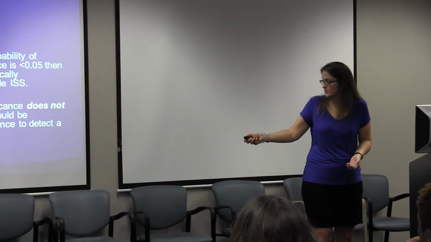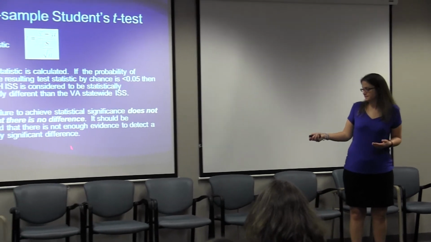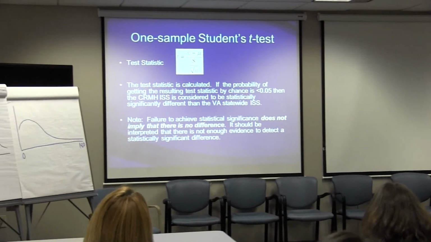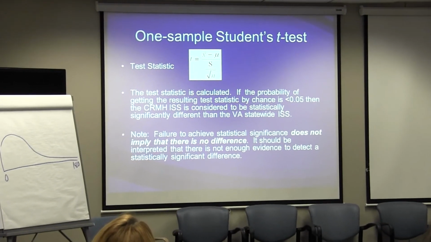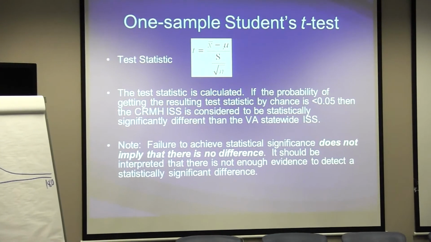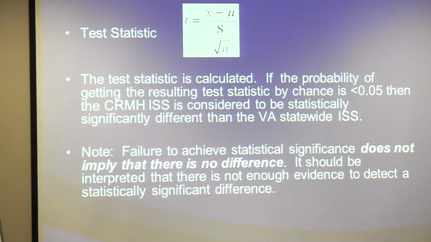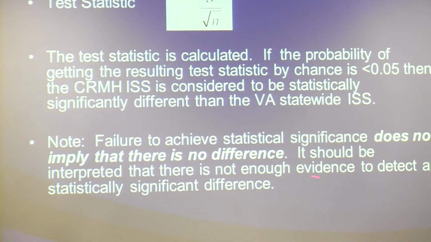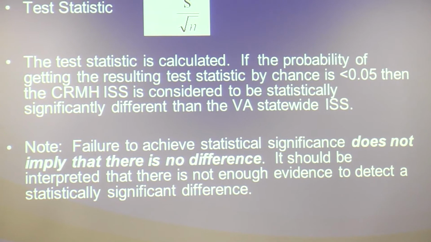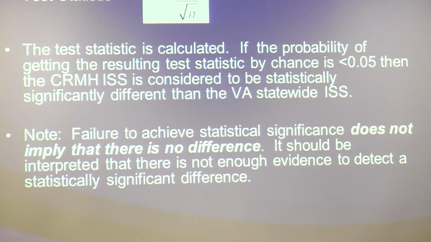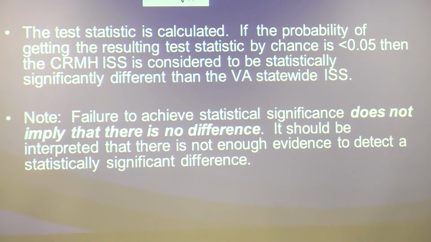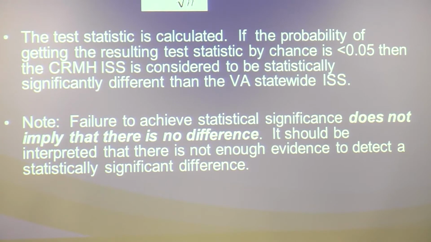And this is an important note here: if you don't find a statistically significant difference when you expected to find one, that doesn't mean that there's not a difference. It means that you didn't find enough evidence in your study to be indicative of a difference. It could be something about your sample, because again, your sample is usually only a small piece of the larger population.